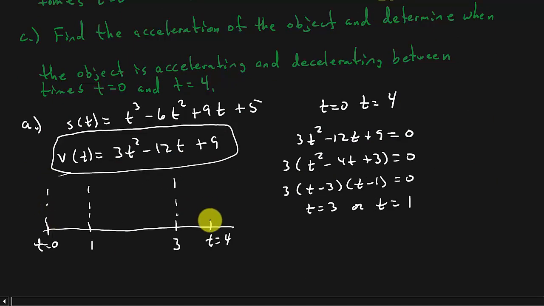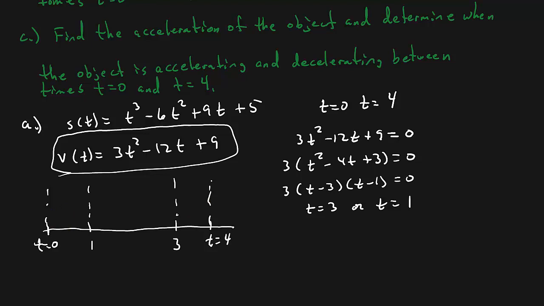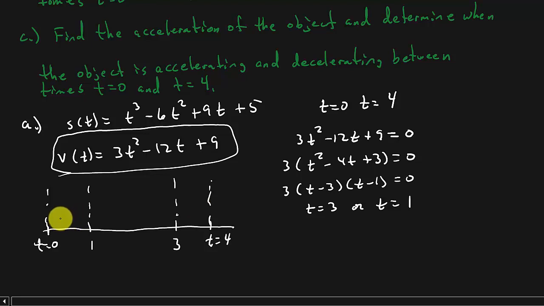So you can see here, I've got 3 regions I'm looking at. Let's look at this region and say we pick t equals 1/2. Here let's pick t equals 2, and here let's pick t equals 3.5.